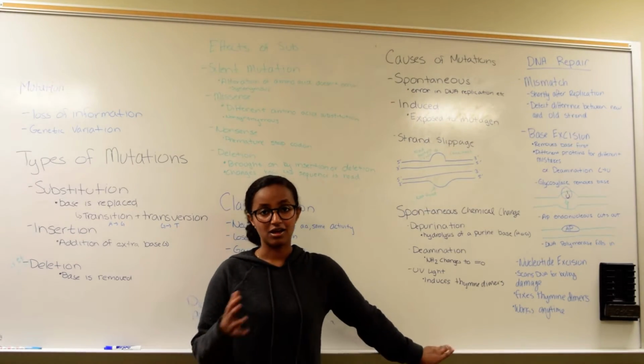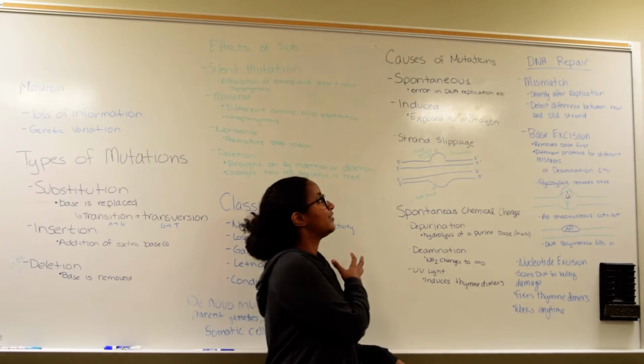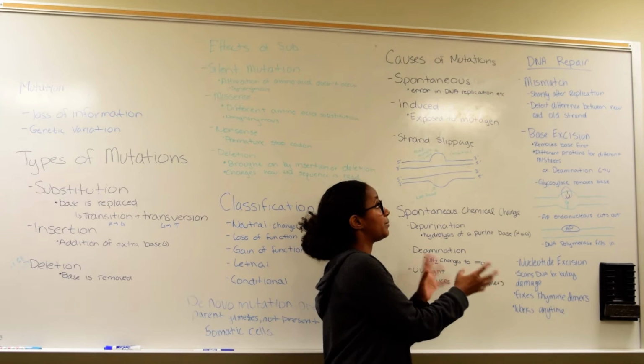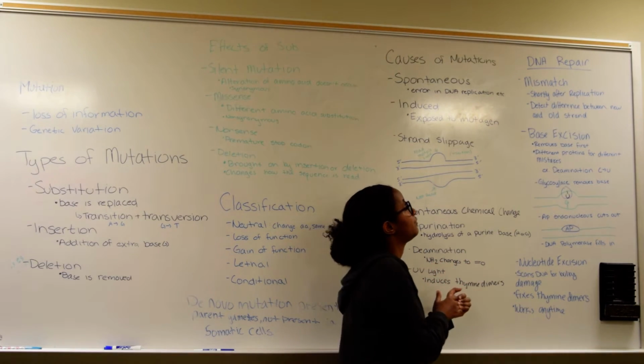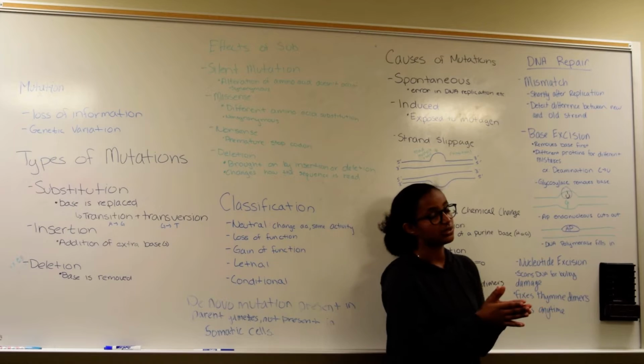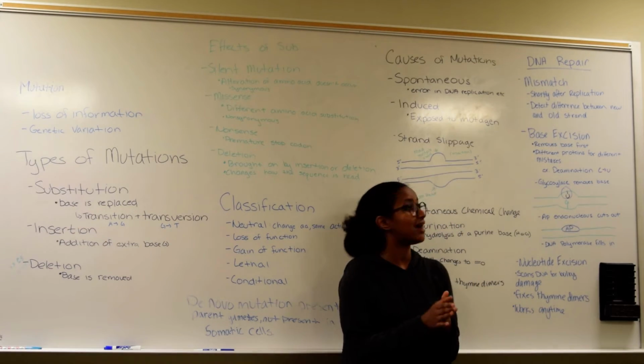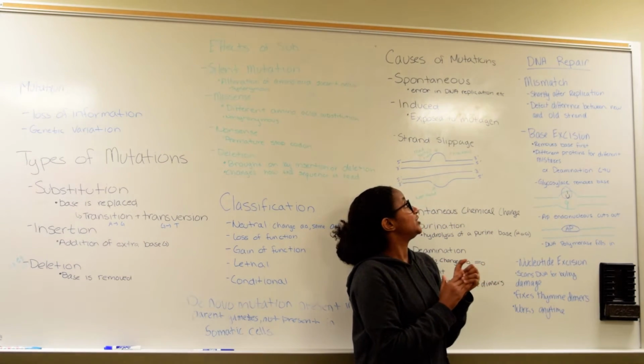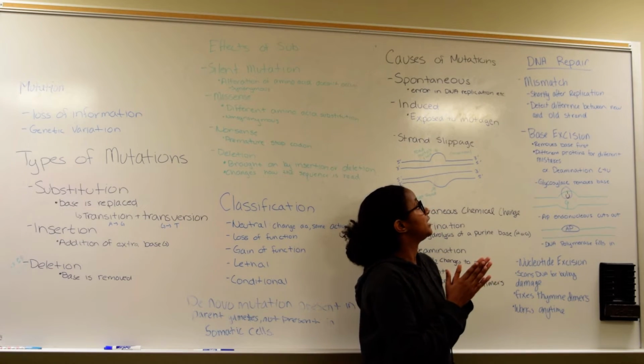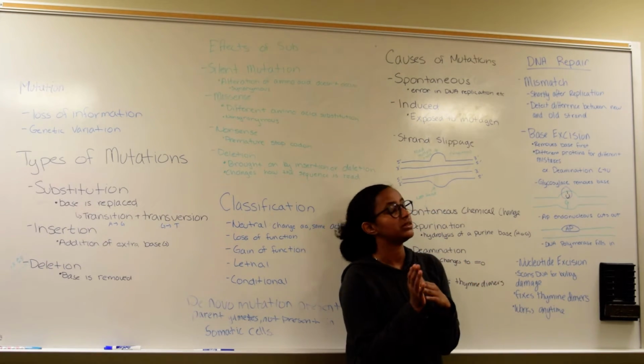And of course, for all these mutations, there are DNA repair mechanisms. The first one we'll discuss is mismatch repair. This occurs shortly after replication, and it detects differences between the new and the old strand.